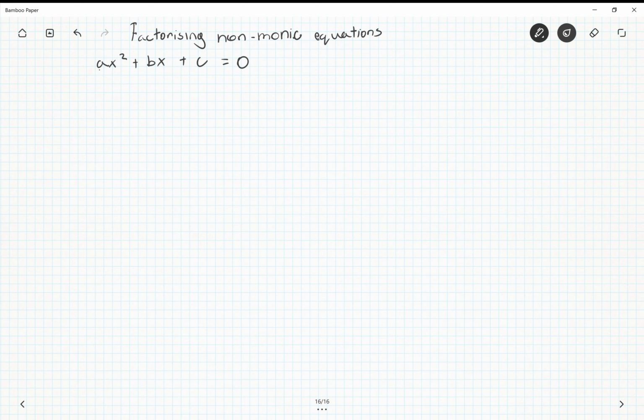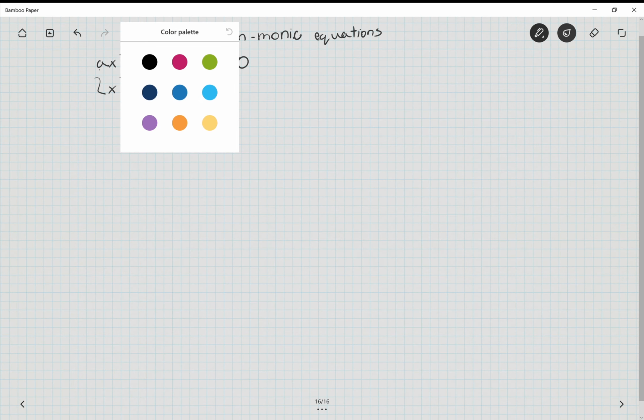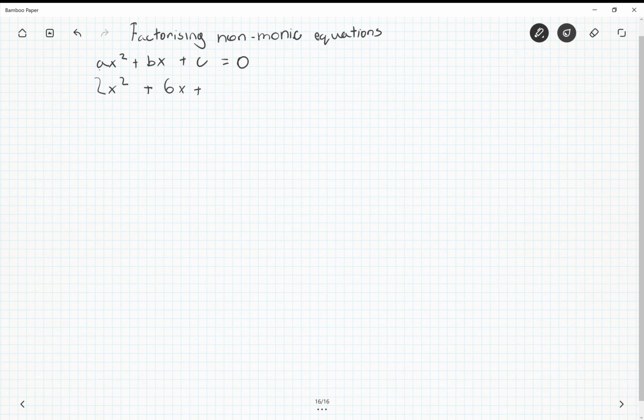So let's say we have an equation 2x squared plus 6x plus 8 equal to 0. Actually, let me make this 8x so it works. So 2x squared plus 8x plus 8 equals 0.